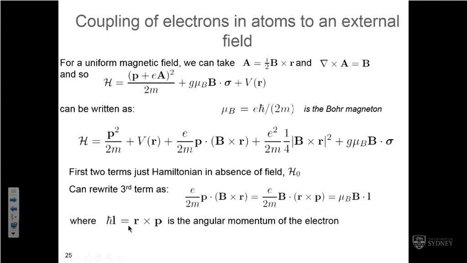So you have replaced the R cross P just by L, the angular momentum, and the h bar has been folded in, so that this prefactor turns out to be just equal to the Bohr magneton, this expression here. Okay? So that follows quite reasonably.